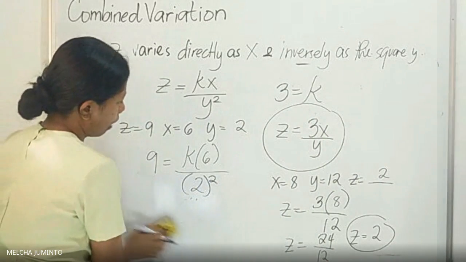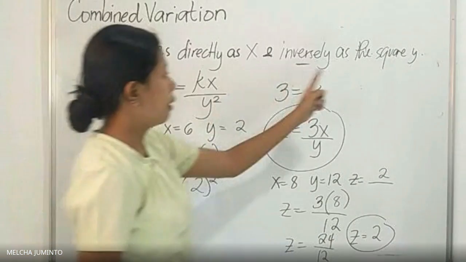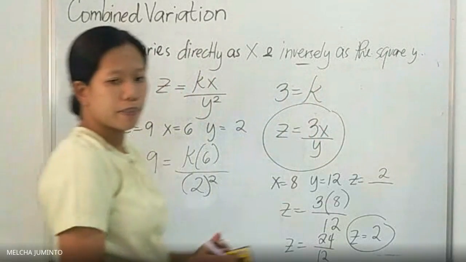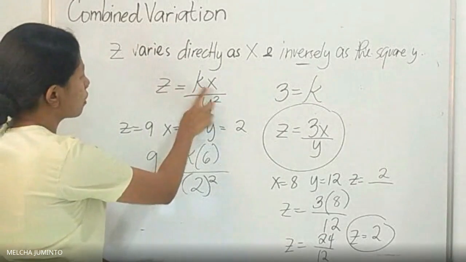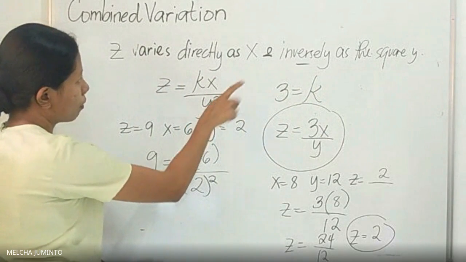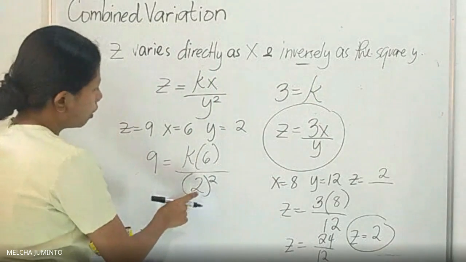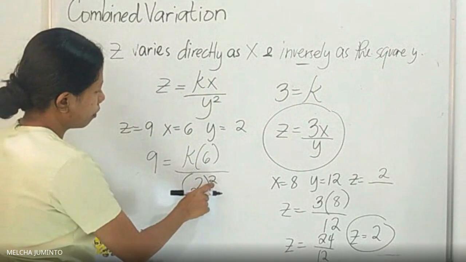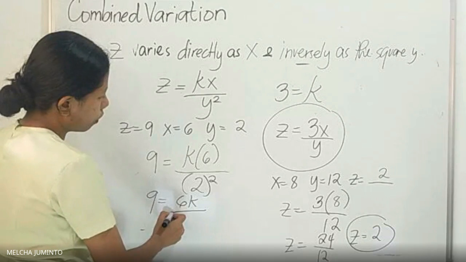Now, I'll be changing the solution because we changed the given problem to the square of y. So it will become z equals k times x over y squared because of the statement square of y. So in the solution, we will write 2 squared. And then 9 is equal to 6k over 4.